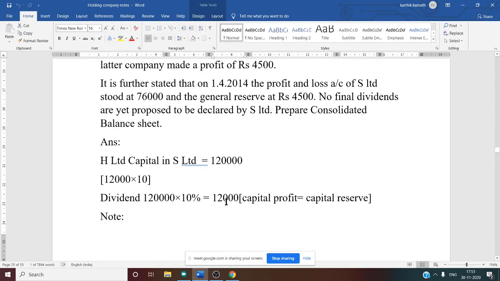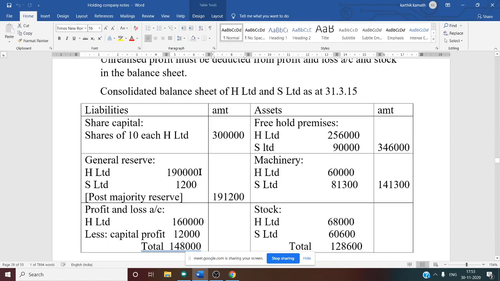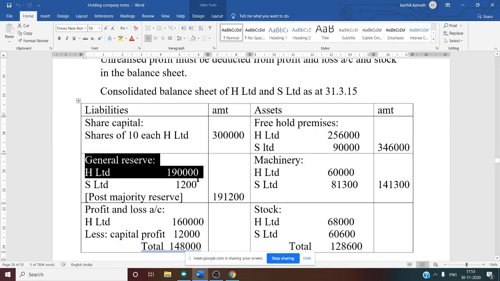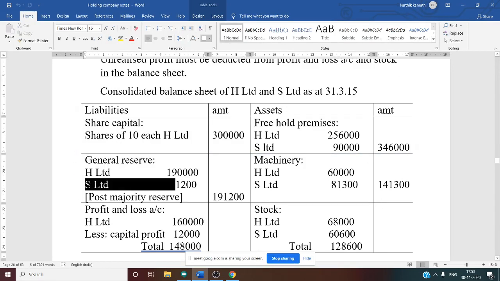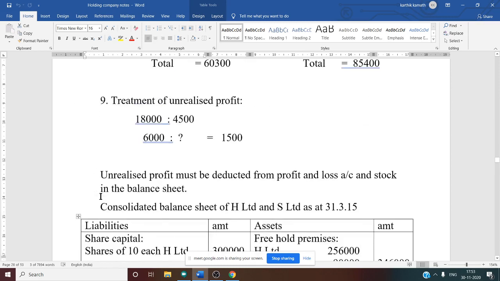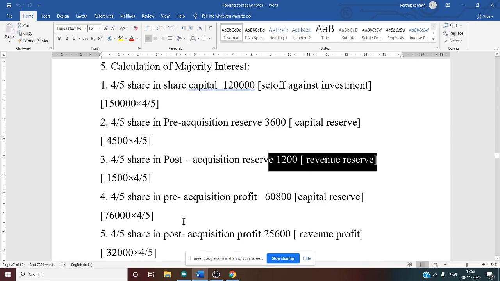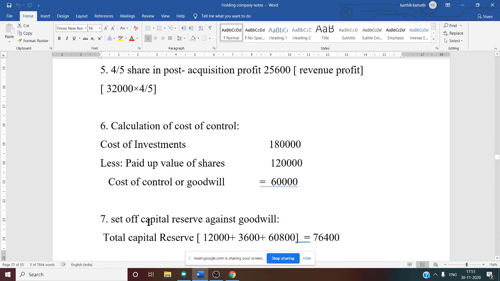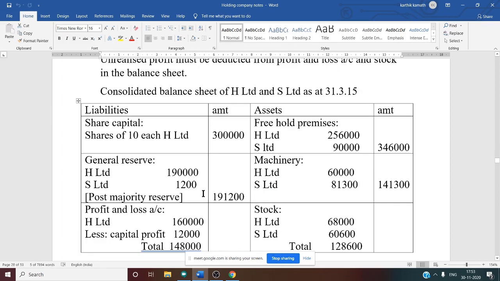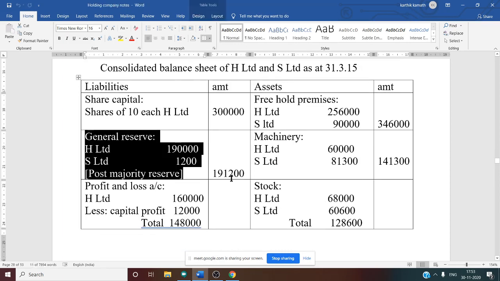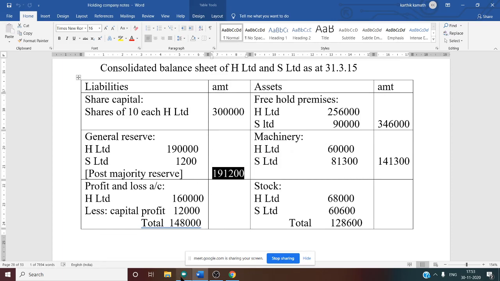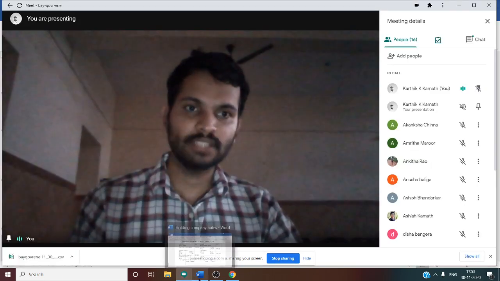Subsidiary company, see working note number 5, post majority reserve, which is revenue reserve 1,200. So this 1,200 you have to write. Now add both, and total reserve is 1,91,200.